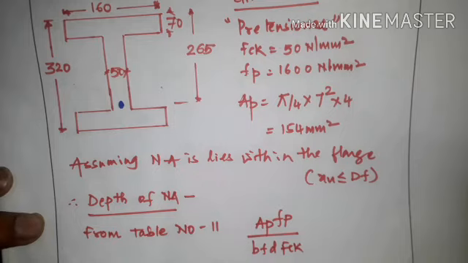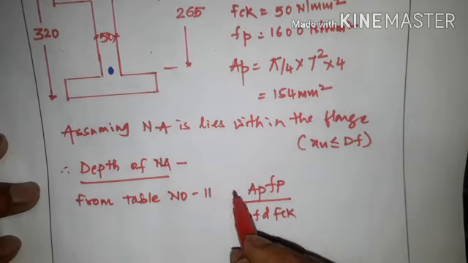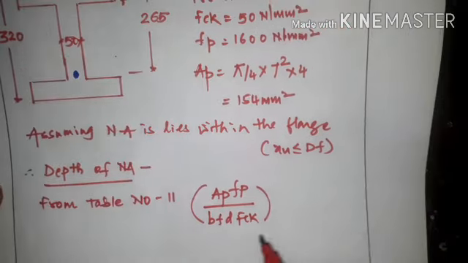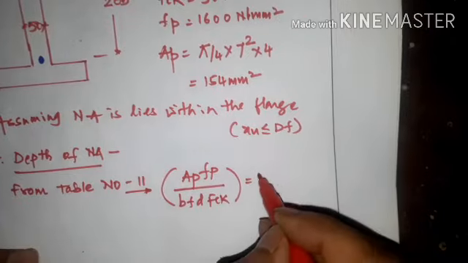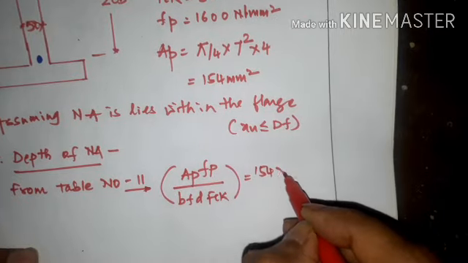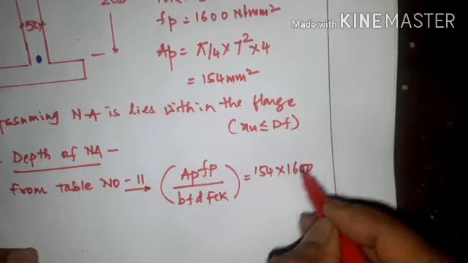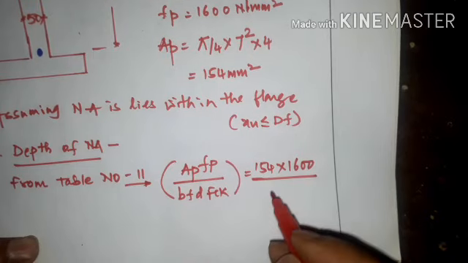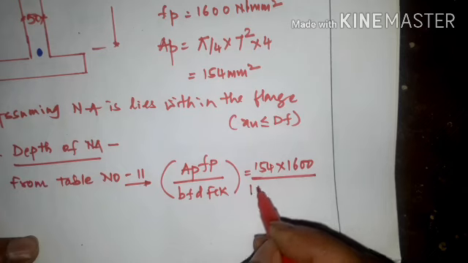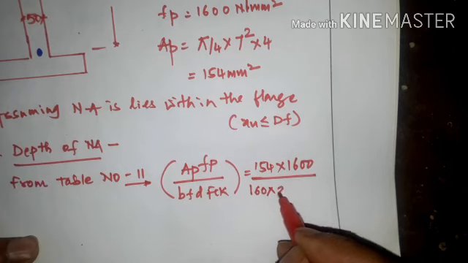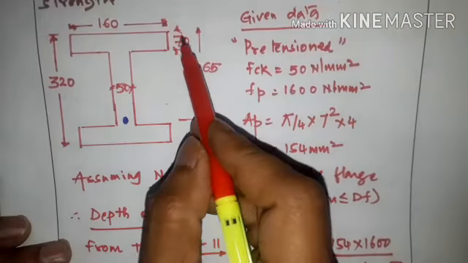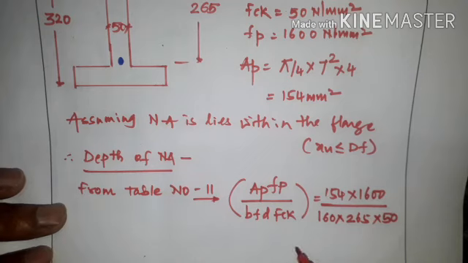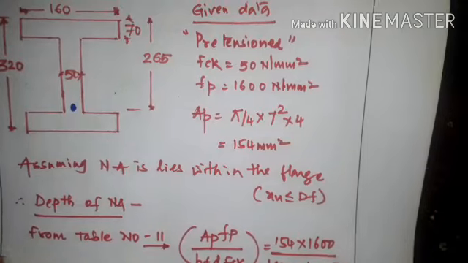Here it is BF because we are assuming that the neutral axis lies within the flange. So from table 11, AP is 154 and FP is 1600, divided by BF is 160 into D is 265 into FCK is 50. D you can see here is given as 265 mm from top. From this we will get this ratio as 0.116.